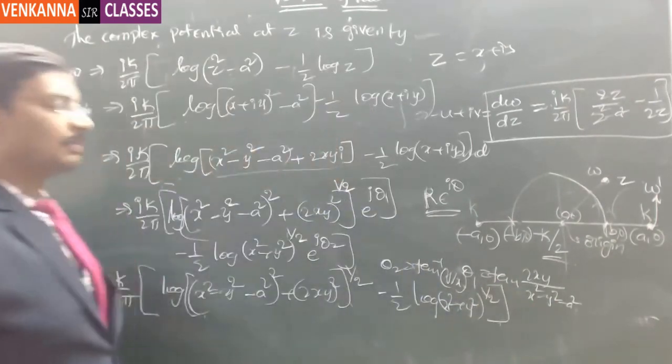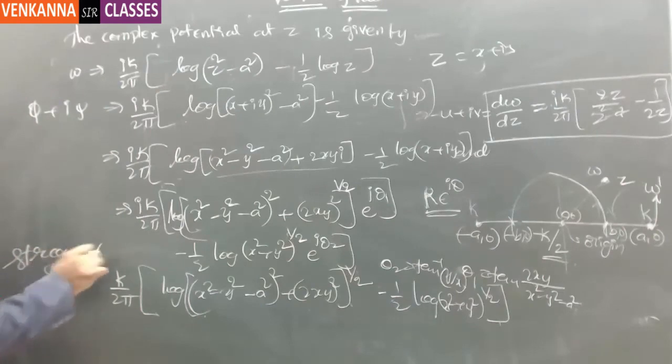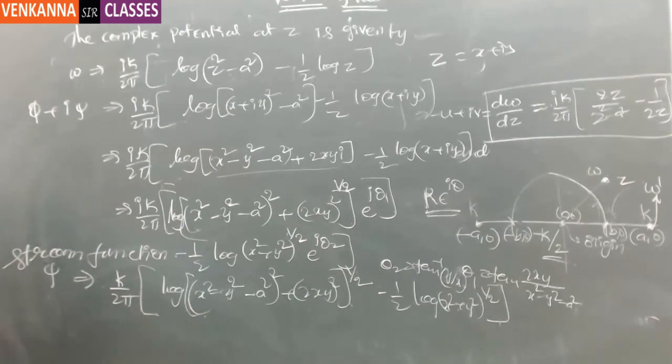So this is the imaginary part, which is nothing but the streamlines equation or the stream function. Got it? This is the stream function. Understood? So this is how we found the stream function.